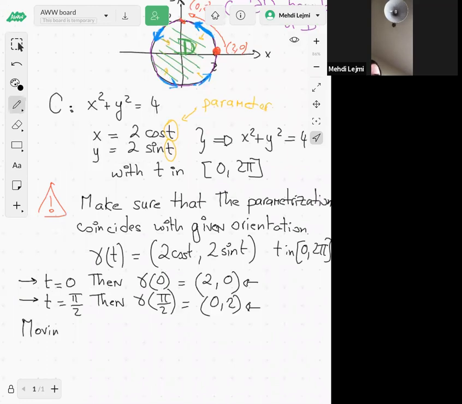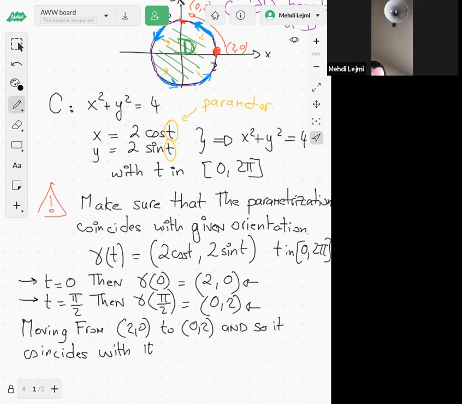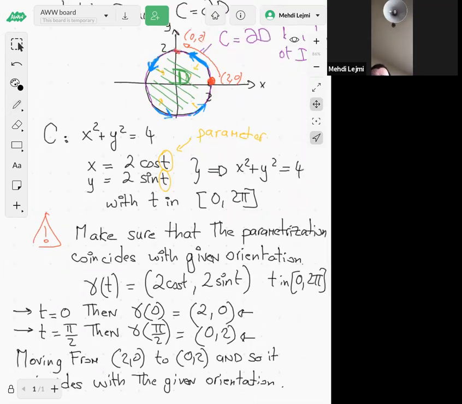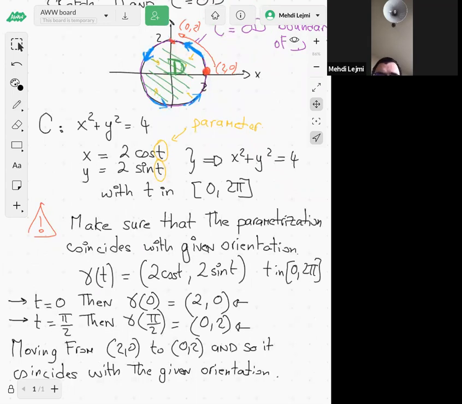We are moving from 2, 0 to 0, 2, and so it coincides with the given orientation. I hope it makes sense to you guys. Please don't feel shy to ask questions, okay?